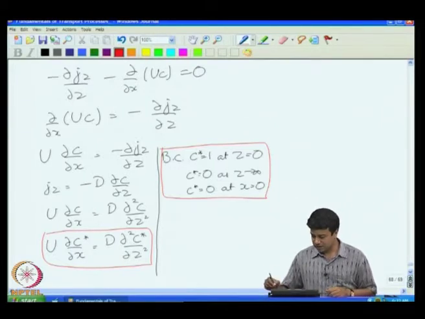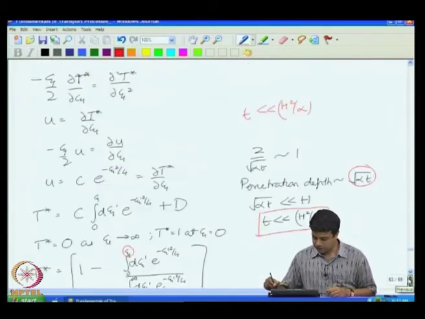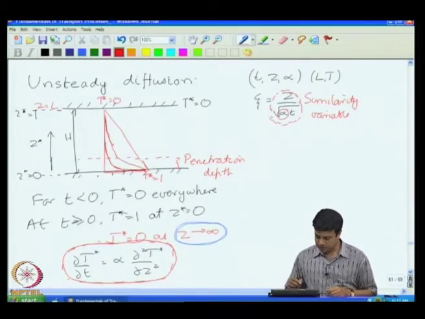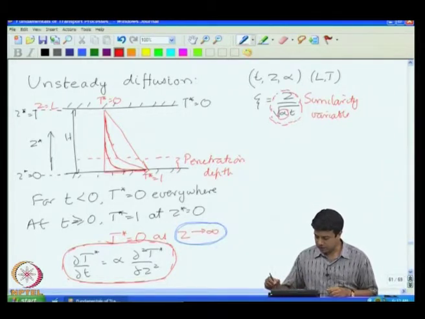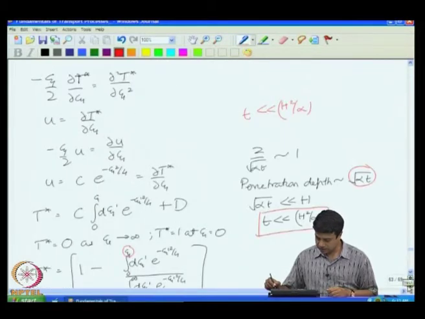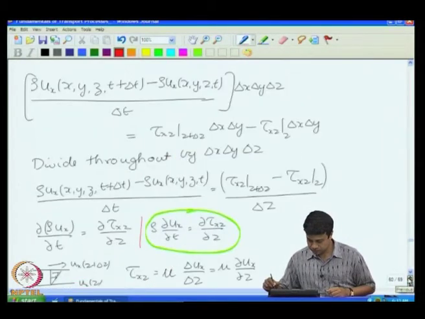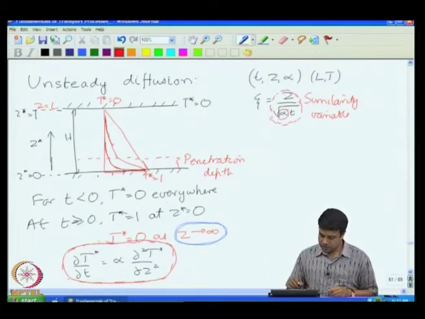It looks exactly the same as the differential equation that I had for the unsteady flow case. For the unsteady flow case, this was my differential equation: dT star by dt is equal to alpha times del square T star, and the boundary conditions that I used were that for t less than 0, T star is equal to 0 everywhere, T star is equal to 1 at z is equal to 0, and T star is equal to 0 as z goes to infinity.